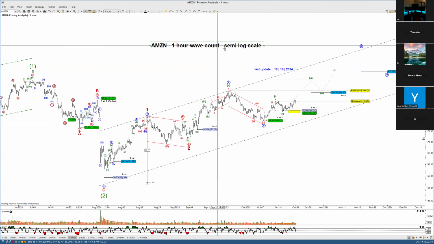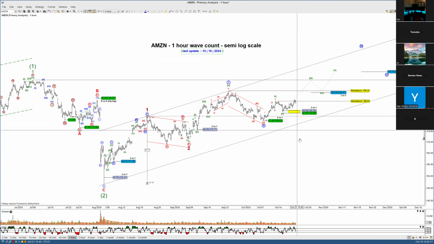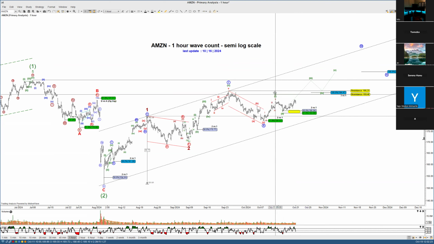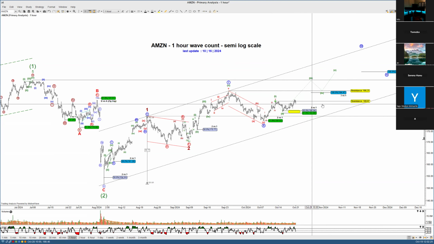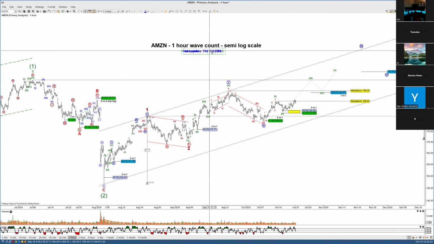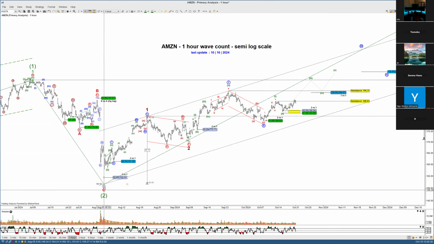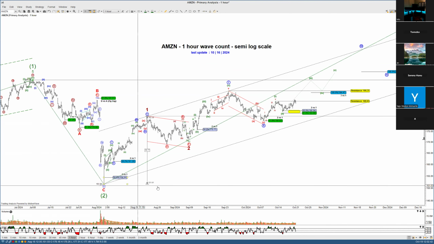It's a pretty clean looking wave count as well. We had a resistance here, I think 189 something, whatever. I don't know where we booked. Yesterday, we closed this one. But let's see, this is a low, so we have this high, this low.